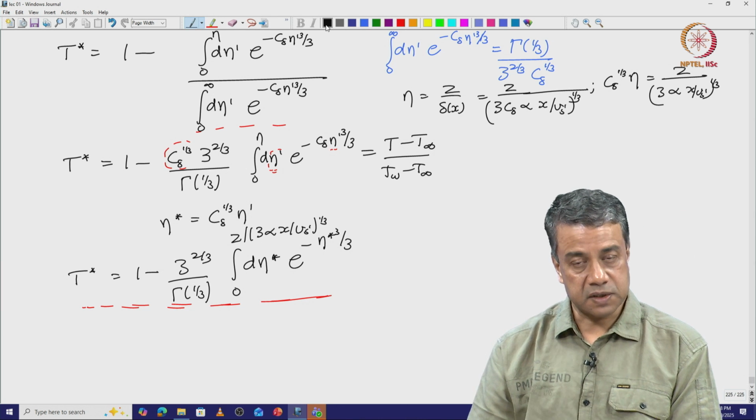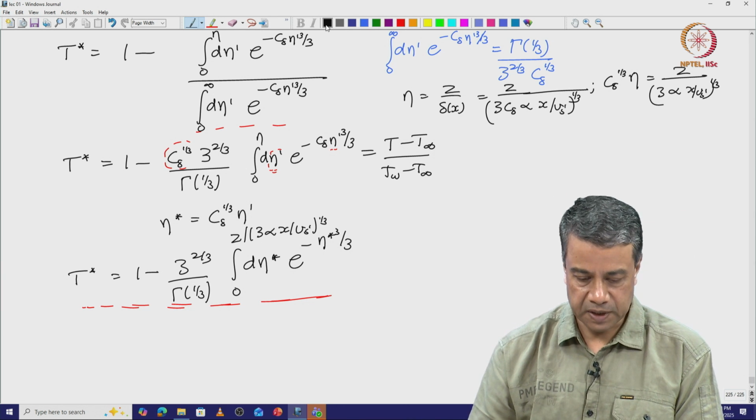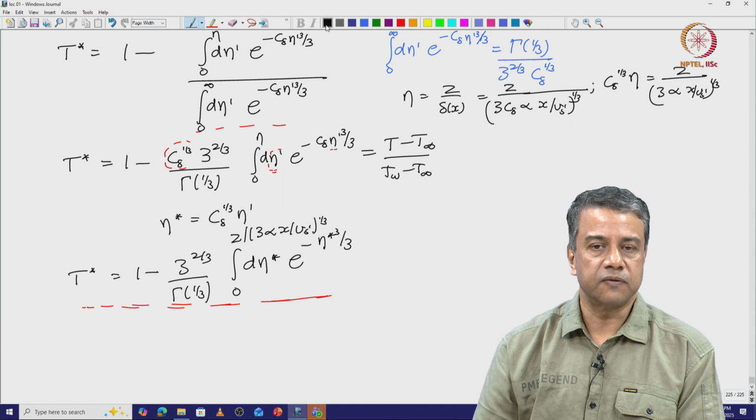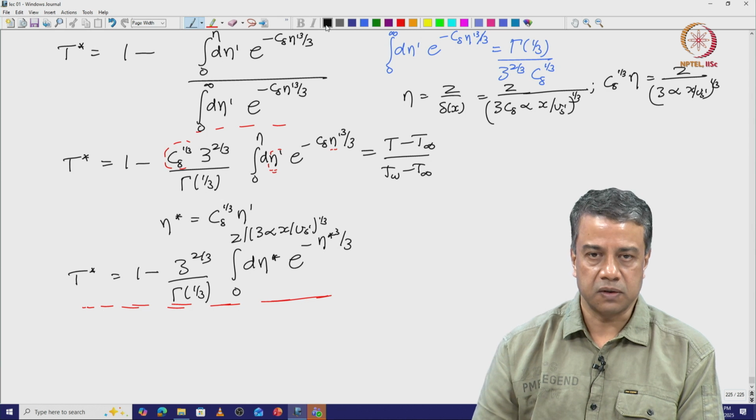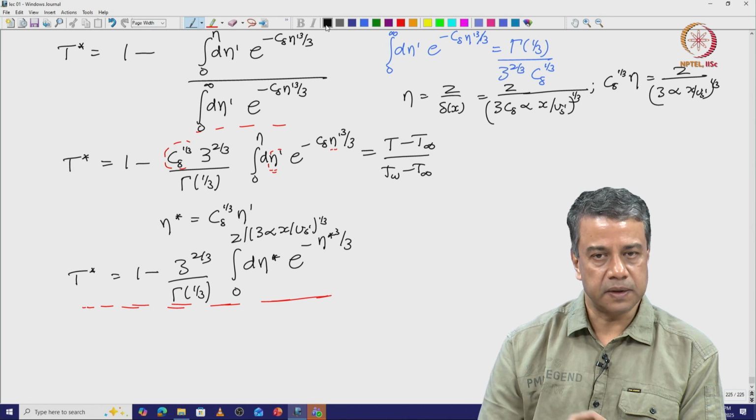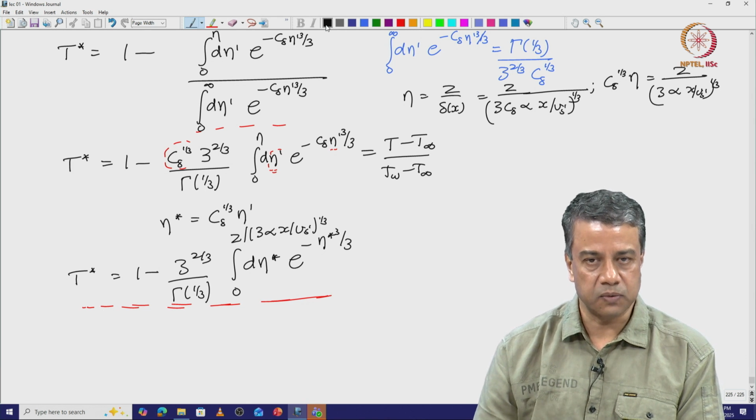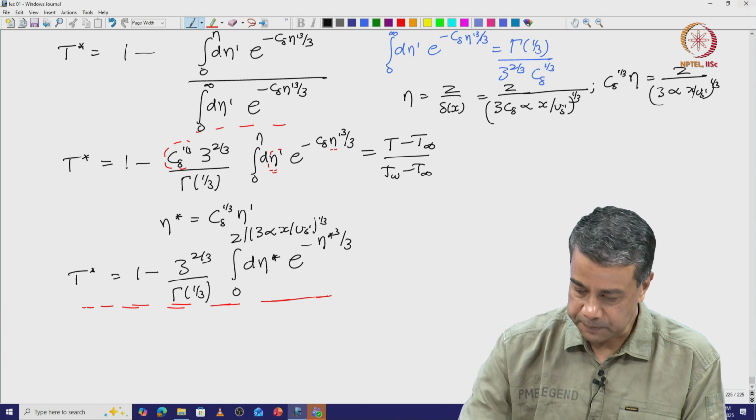So, this is the temperature field that we have. It does not depend upon C delta. Therefore, in future we can consider that constant to be 1 without loss of generality.